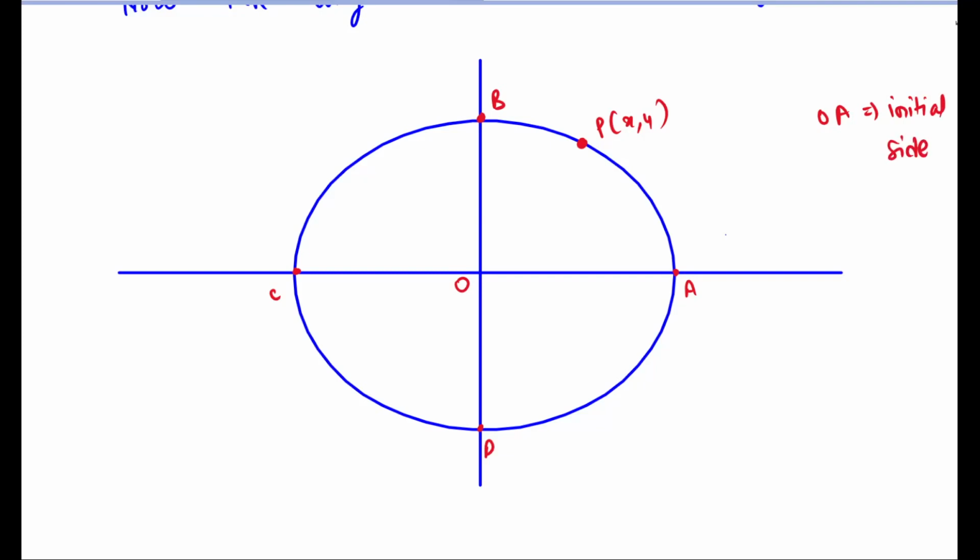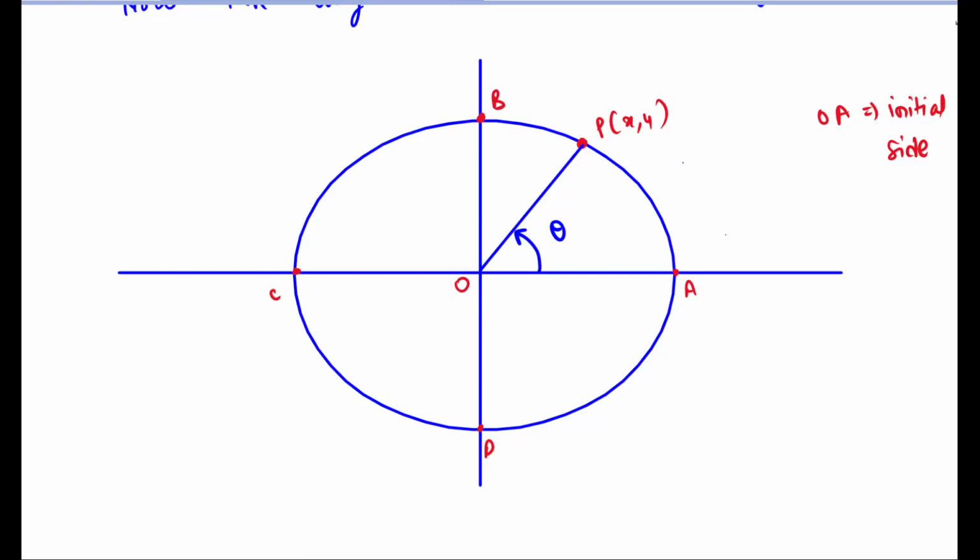Initial side. If we rotate the initial side OA by angle theta anti-clockwise, we get point x comma y.